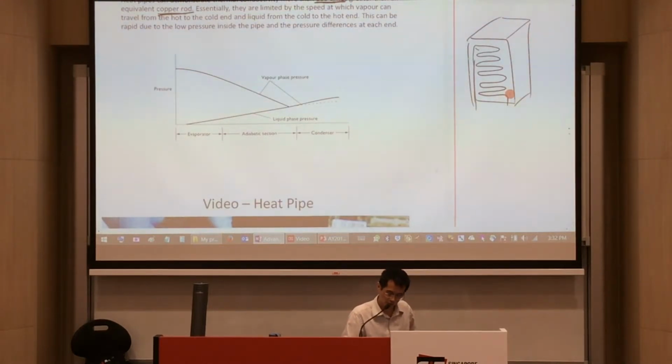What's happening over here is that this is called the condenser. The condenser's job, in the case of a fridge, uses natural convection. This natural convection is to cool down that compressed working fluid that's inside the pipe.